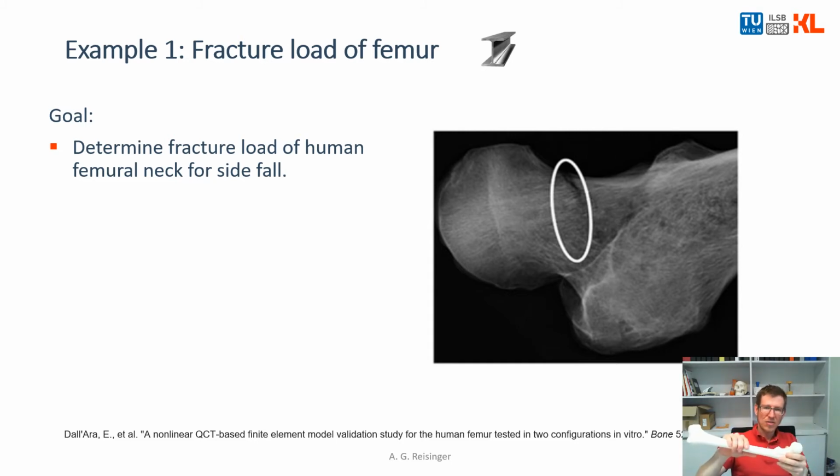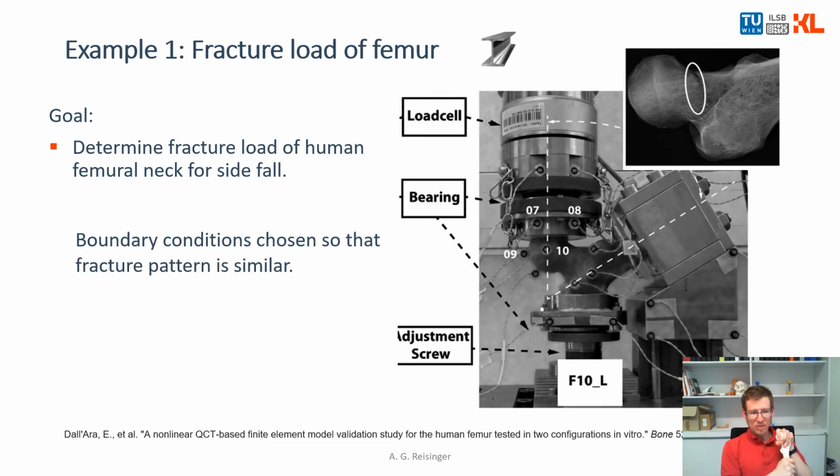This is an actual study done at the TU Vienna in our group. Here we wanted to measure this fracture load, and we needed to simplify the situation a lot to be able to do that in our testing machine. The idea was to create boundary conditions so that the fracture pattern of the sample is similar to the clinical situation of real patients suffering this side fall and hip fracture.